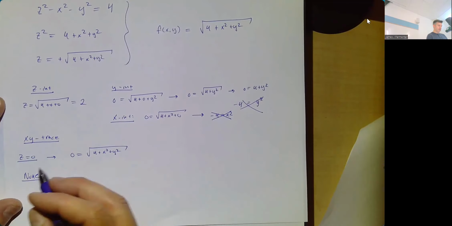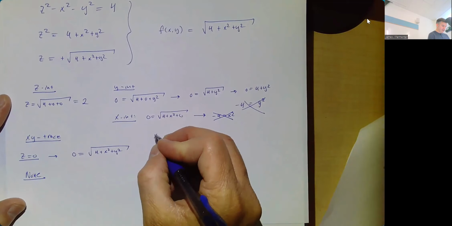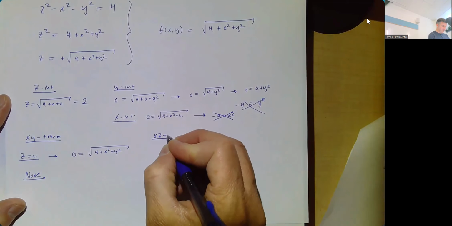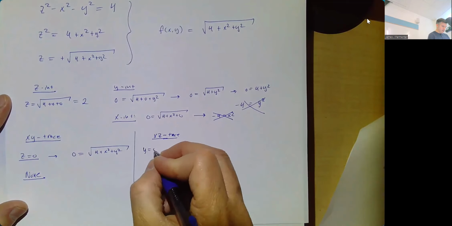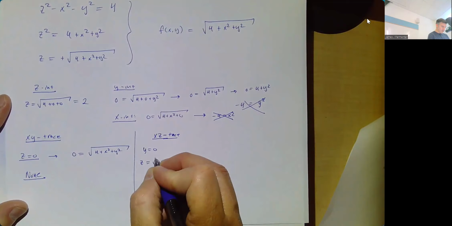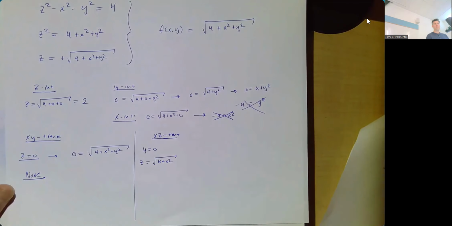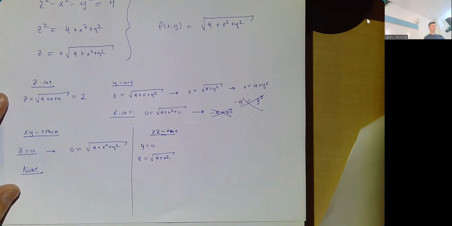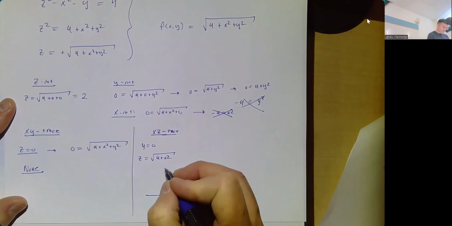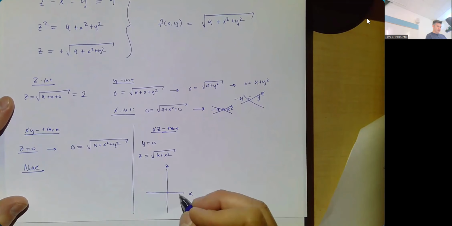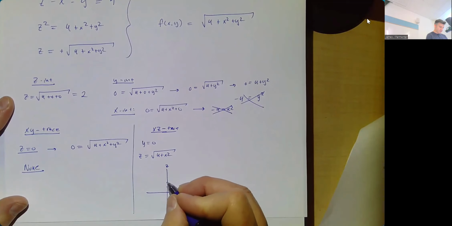On the other hand, it does have traces in the other two planes. In the xz plane, if you set y equal to 0, you're going to get z equal to the square root of 4 plus x squared. Which is kind of funky. It looks like this. If x is 0, z is going to be 2.